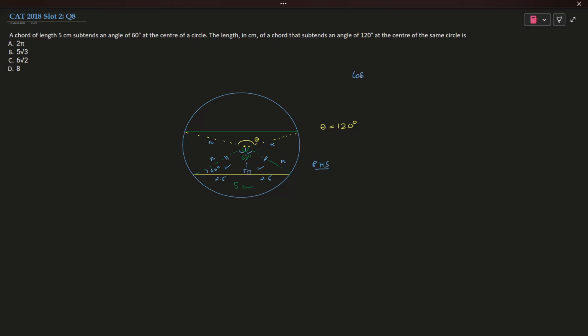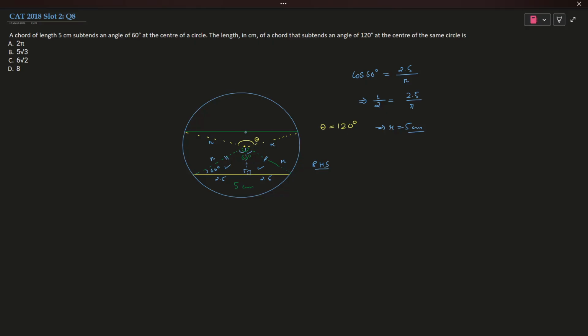Cos 60 is equal to the base by hypotenuse, which is r. Cos 60 is half, is equal to 2.5 by r. So the radius of the circle is 5 centimeters.